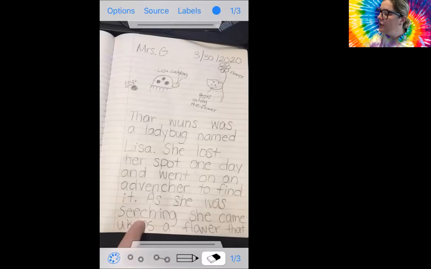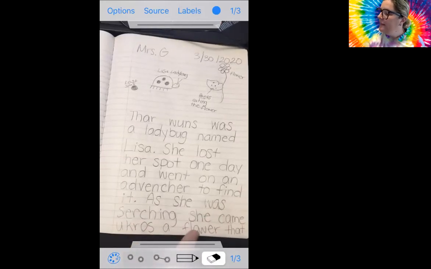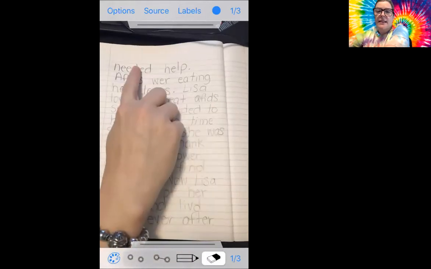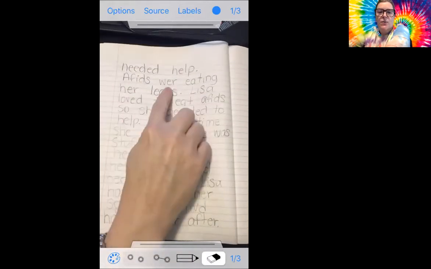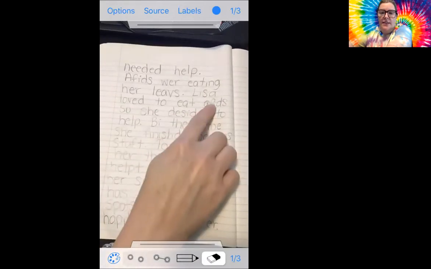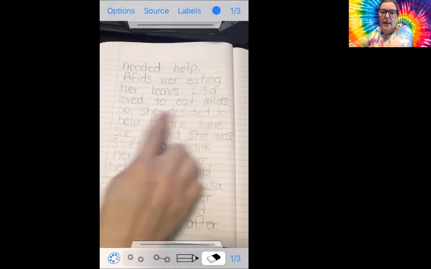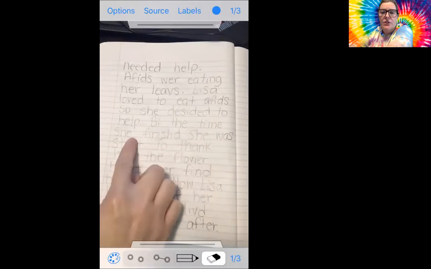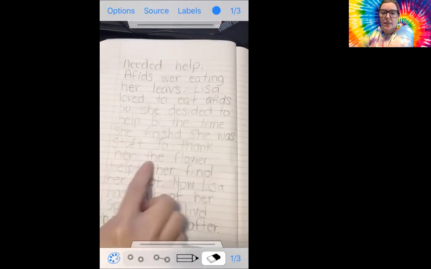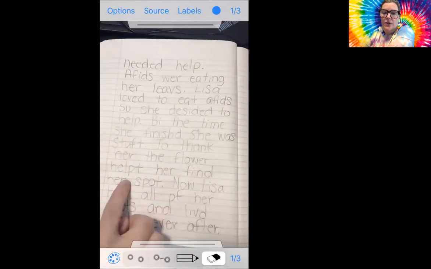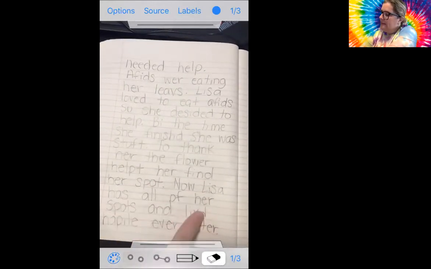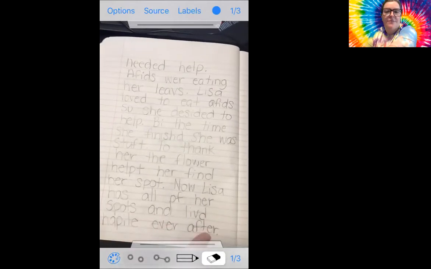As she was searching, she came across a flower that needed help. Aphids were eating her leaves. Lisa loved to eat aphids, so she decided to help. By the time she finished, she was stuffed. To thank her, the flower helped her find her spot. Now Lisa has all of her spots and lived happily ever after.